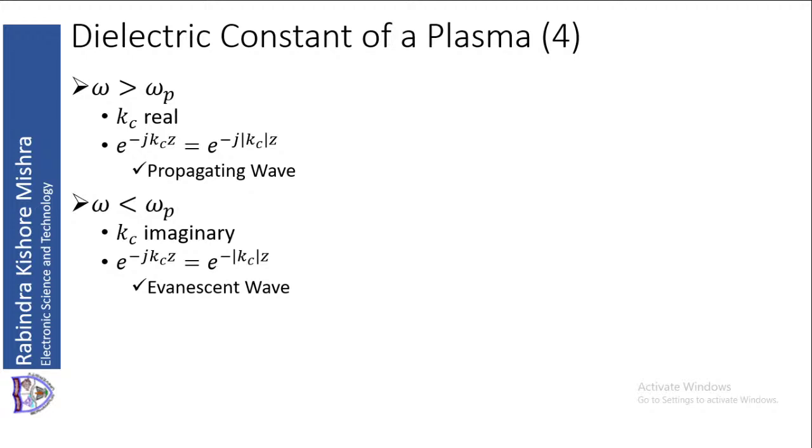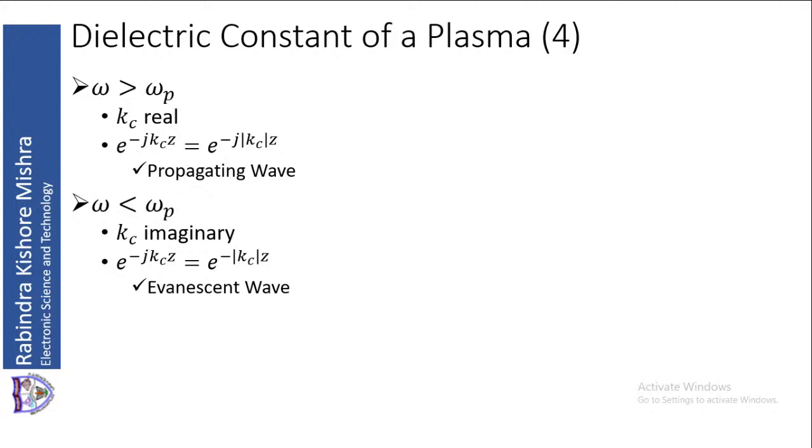If Kc is imaginary, then exponential minus j Kc z will be equal to exponential minus absolute value of Kc z, which means it is an exponentially decreasing function. So this gives us an evanescent wave, or a non-propagating wave.